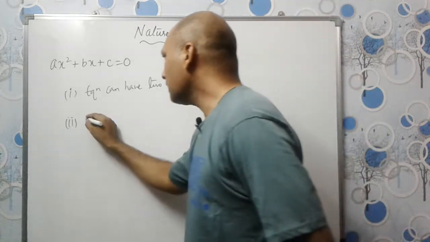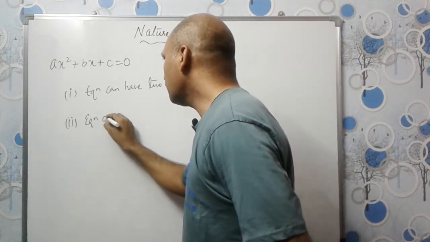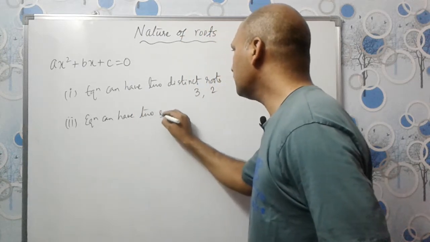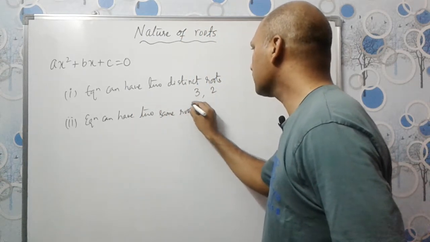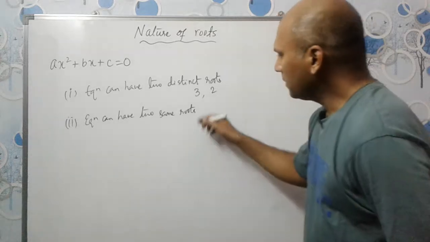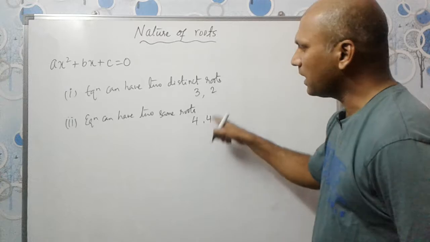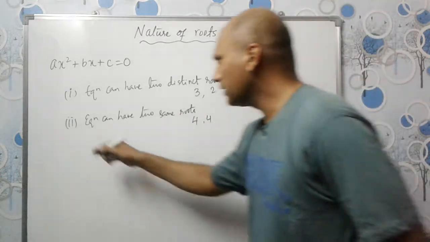Okay, or equation can have two same roots. Okay, let us say 4 and 4. 4 and 4 are the same roots of equation, right?